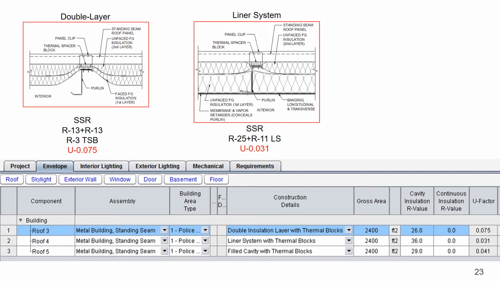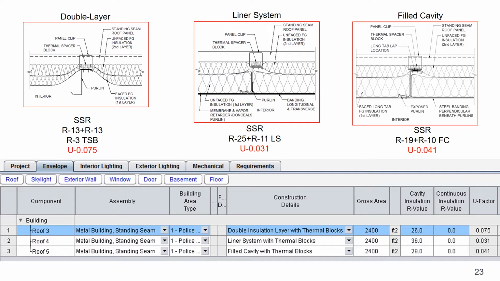For my example here, I used an R25 plus R11 liner system, and it comes up with a 0.031, and that shows on row 2 on the bottom of the screen.